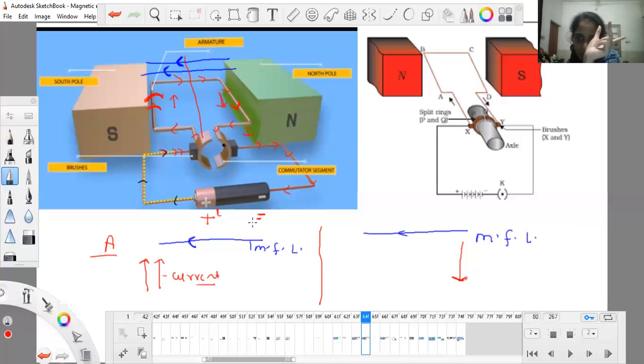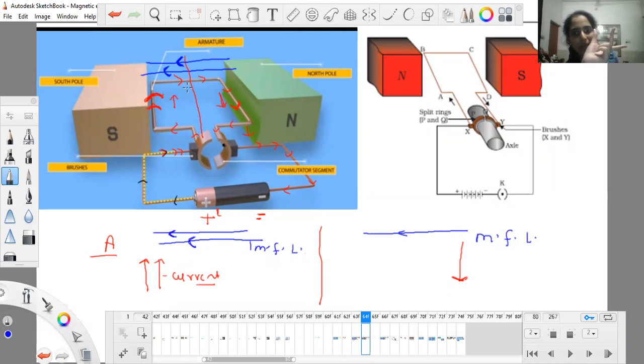And my first finger is telling you about the magnetic field line. So this is the magnetic field line, you can see. Okay, so in which direction is my thumb going? My thumb is going upwards, in the upward direction. So this is the upward direction.